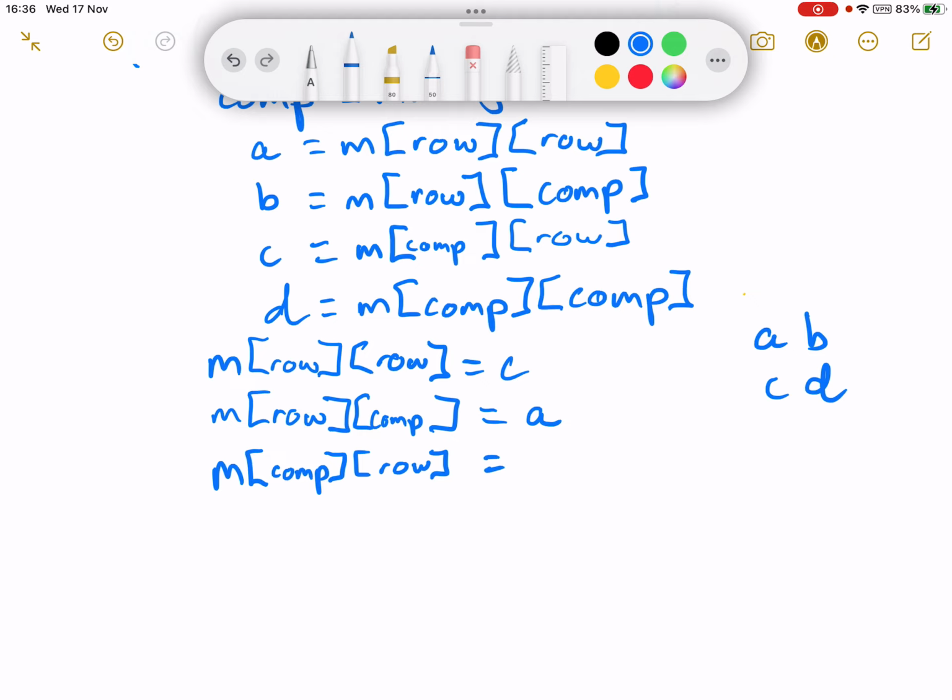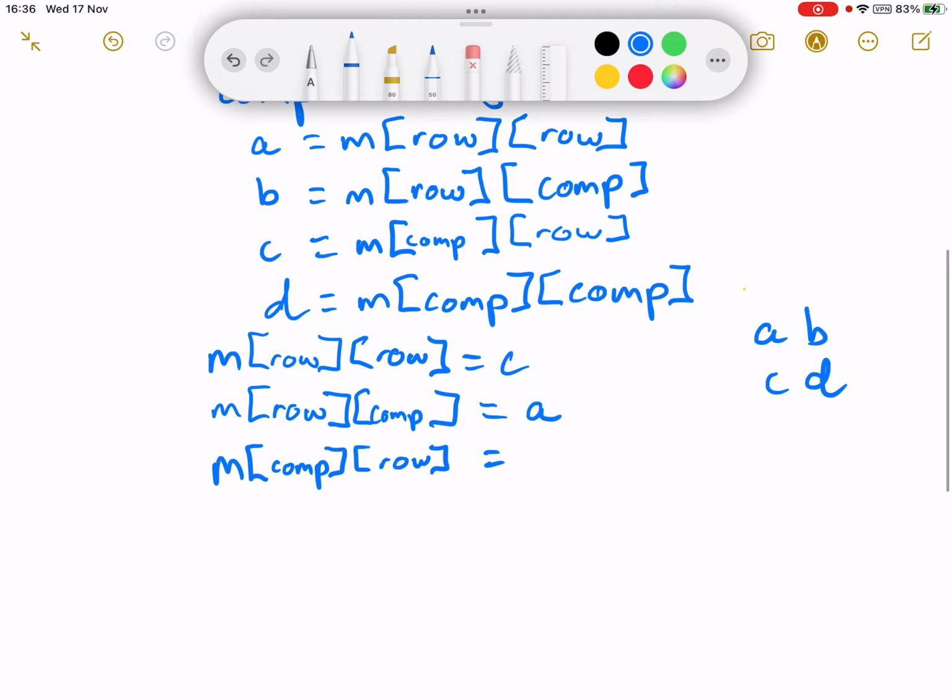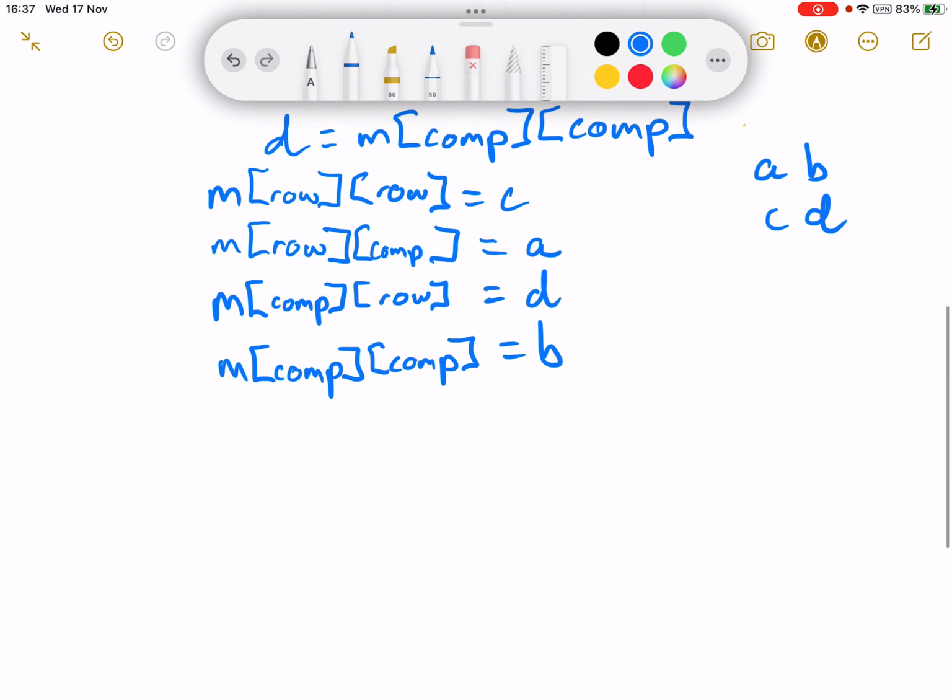Okay, so comp row C is D. Yeah. Then M comp is equal to B, right? And then you return true.